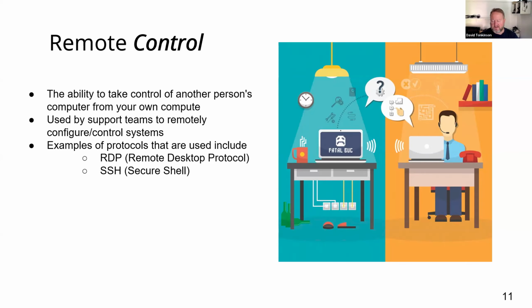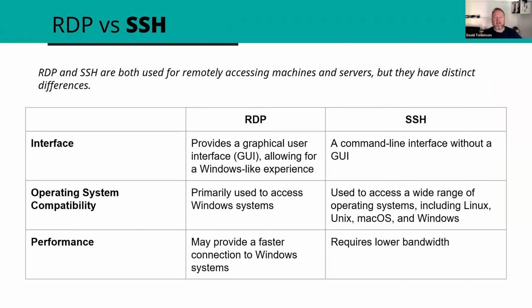Now, there are some differences between them. Let's have a look at the differences. The interface is probably the first thing you will notice. RDP gives you a rich graphical user interface. Remember with these protocols, you're actually logging on to the system when you connect across. I'm not sharing the screen that the other person is seeing, mainly if we talk about servers here.